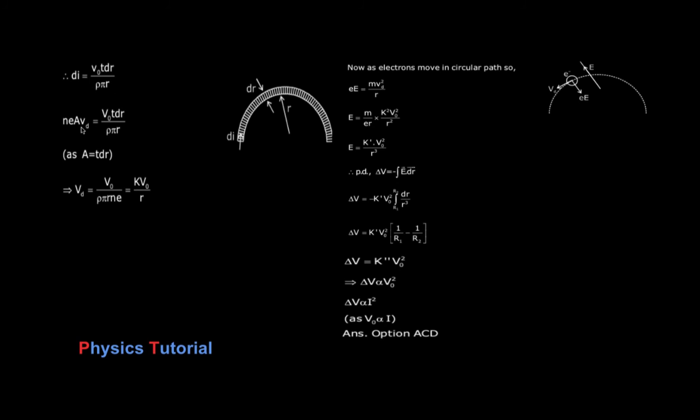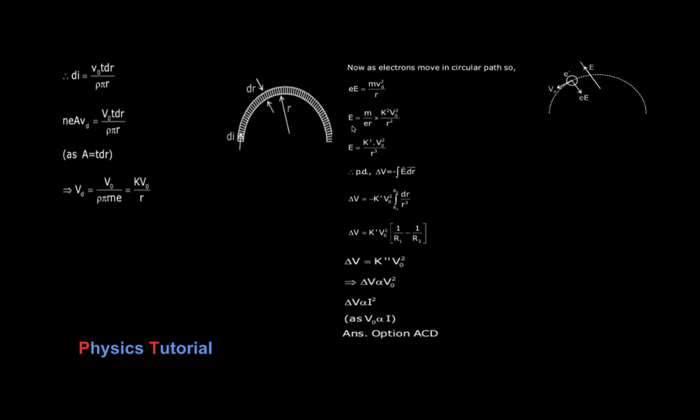So dI is equal to ne times drift velocity, V0 t dr upon rho pi r, as A is equal to t dr for this one strip. So Vd you can find as kV0 upon r. Now as the electron moves in a circular path, eE is equal to mv square by r. This Vd you have to find.